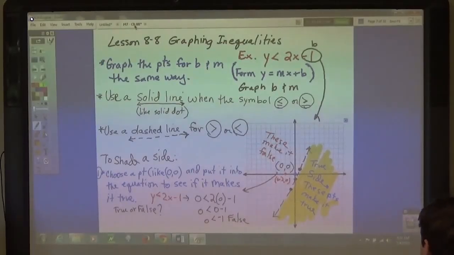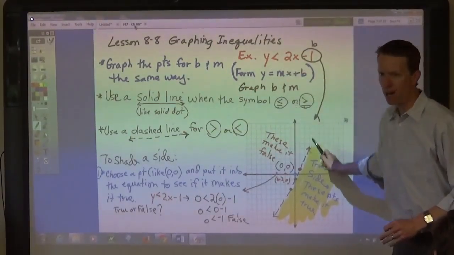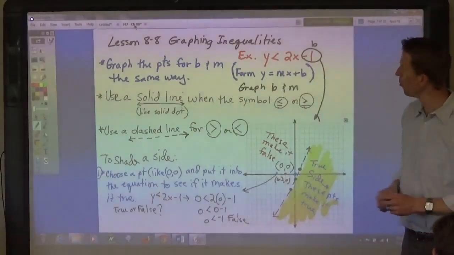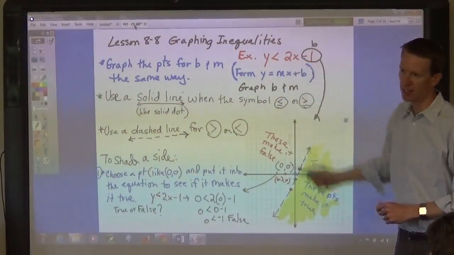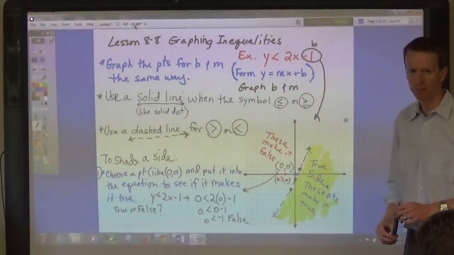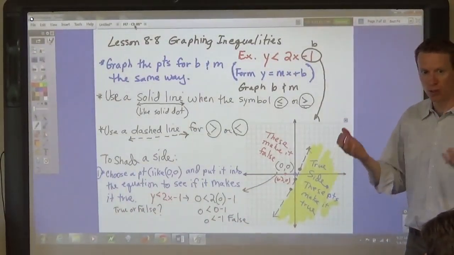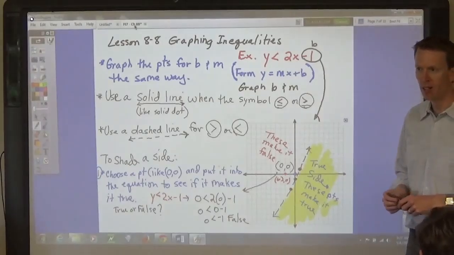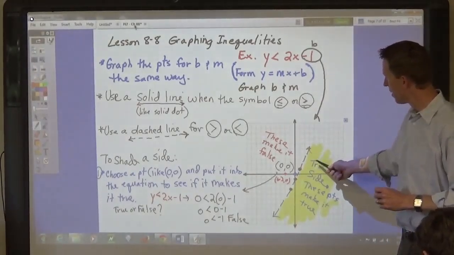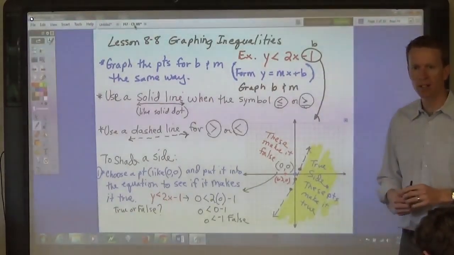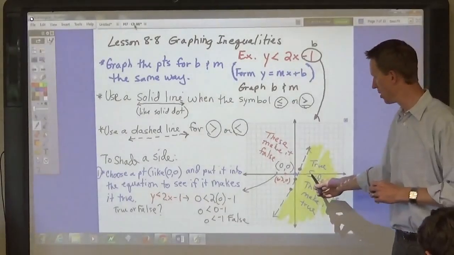7th graders, we're at the end of chapter 8, and lesson 8.8, we're going to be applying what we've learned on graphing, but we're going to be working with inequalities in this lesson. Inequalities, meaning that one side is not equal to the other side of the equation, and there's not just one point that satisfies the equation.